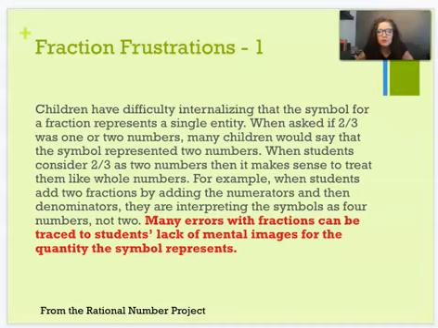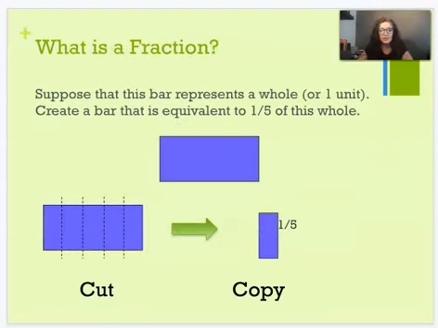For example, when students add two fractions by adding the numerators and then adding the denominators, they are interpreting the symbols as four numbers, not two numbers. So many errors with fractions can be traced to the student's lack of mental images for the quantity the symbol represents. So what is a fraction?